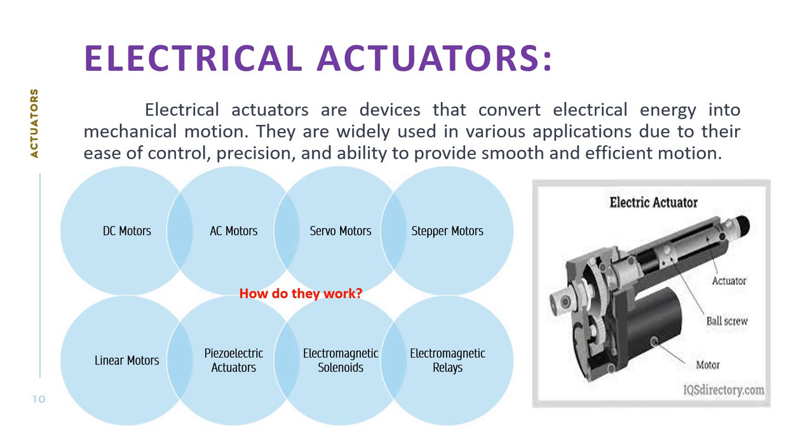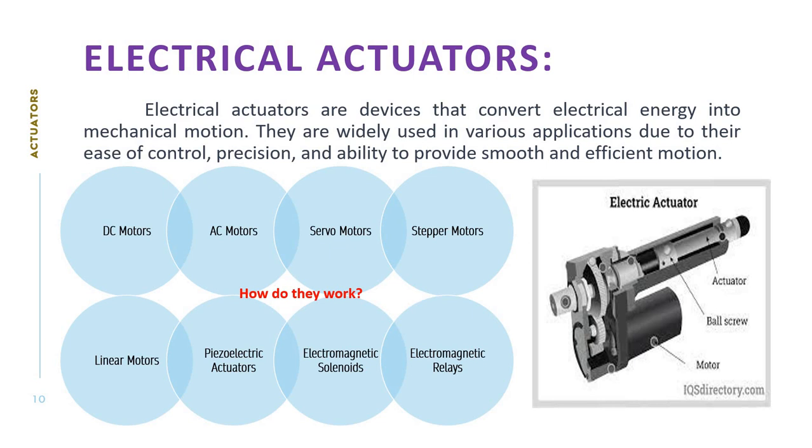Piezoelectric actuators use certain materials that produce motion when subjected to an electric field. In such ways, we use piezoelectric actuators. Electromagnetic solenoids are very simple electrical actuators that convert electrical energy to linear motion.